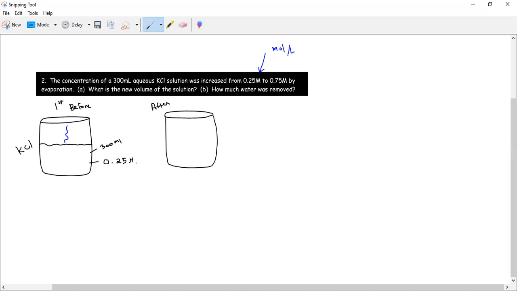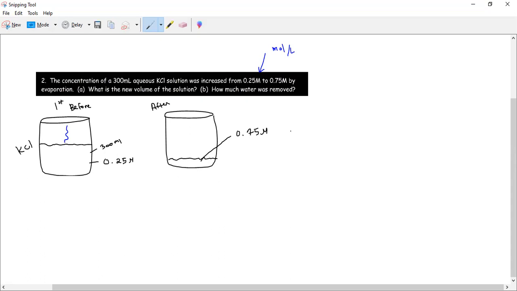And so really what's happened here is that the volume of water has decreased, and we're told the molarity after the water has decreased is 0.75, which is consistent with our logic that if you take away the water, your concentration increases.